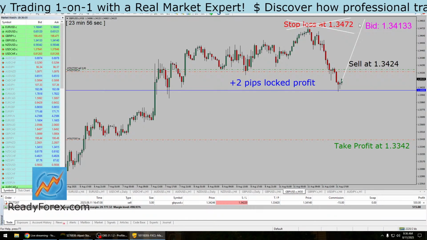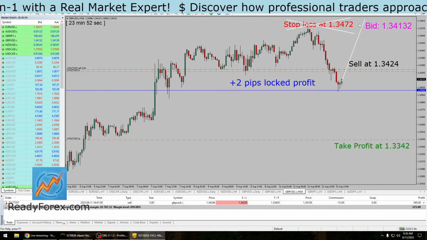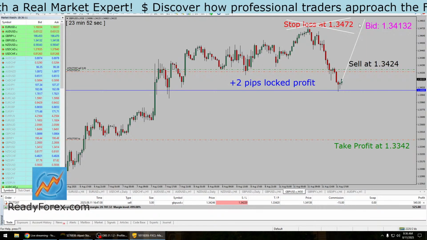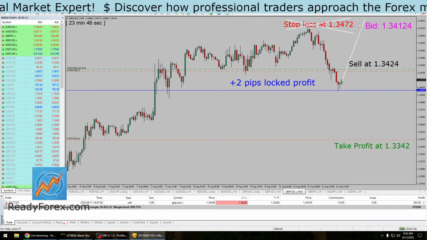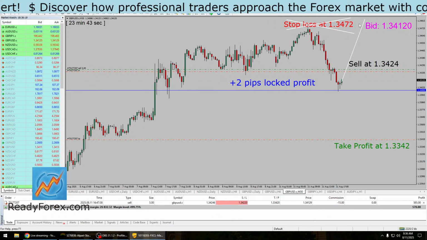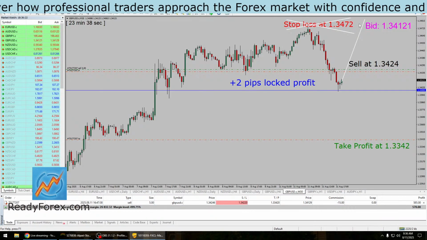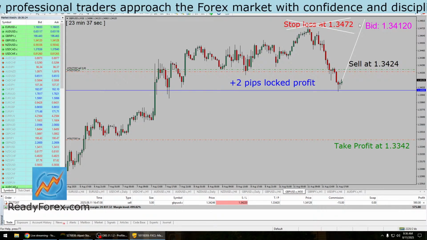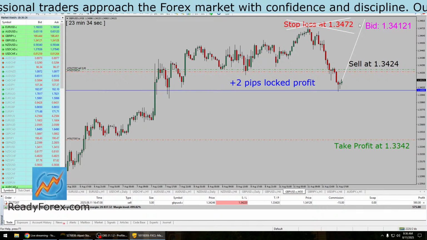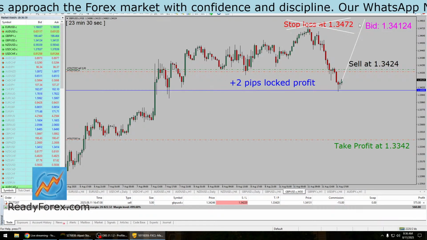Sometimes market just tries to go near to your protective trailing stop, misses it, and then keeps falling back down, which is still fine. But you need to give this market some chance to move.